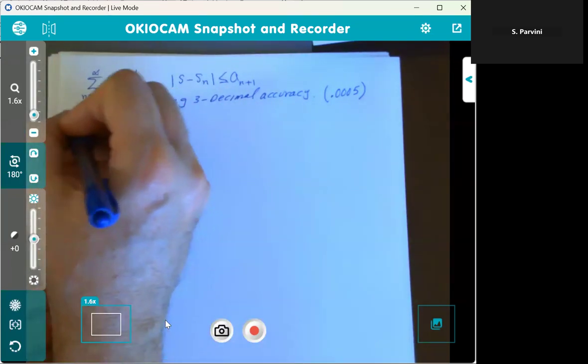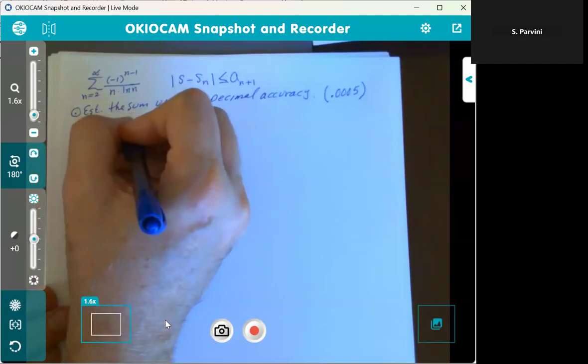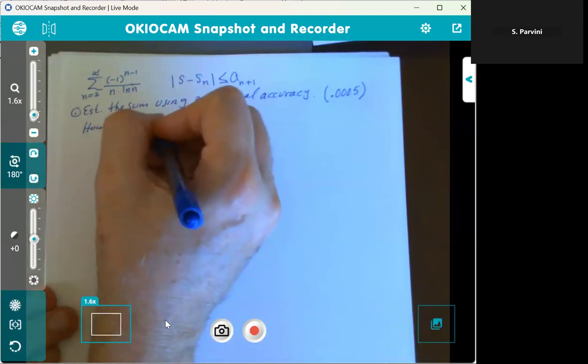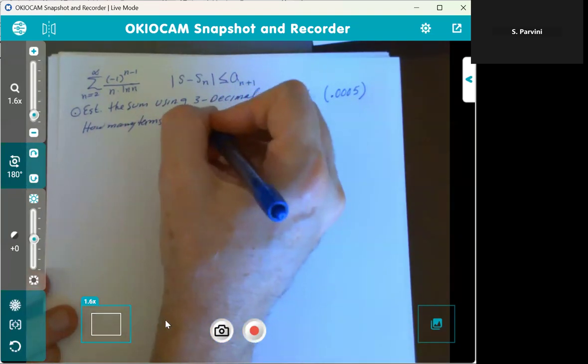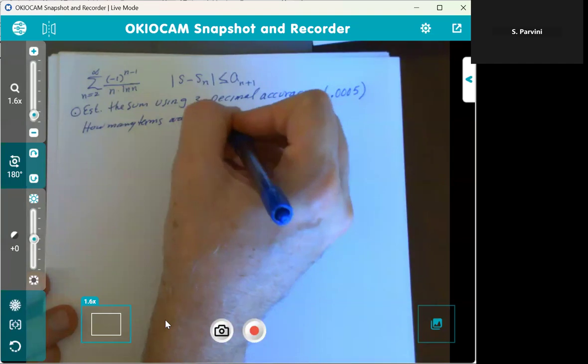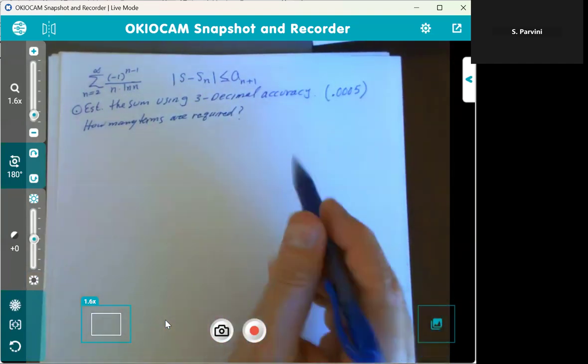Let's say I'm going to paraphrase this: how many terms are required in order to meet 3 decimal accuracy here, 0.0005.